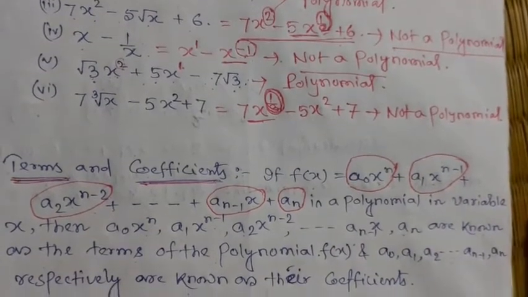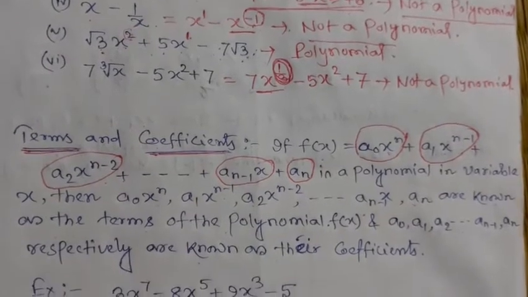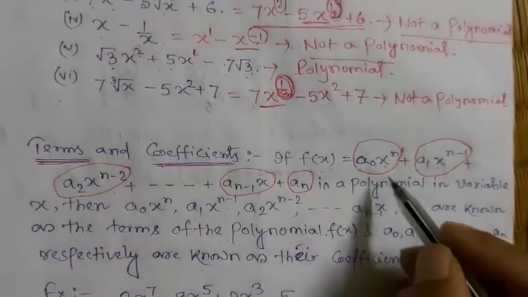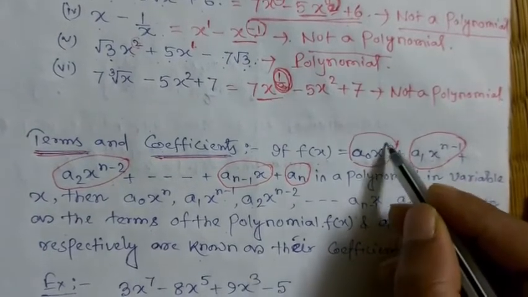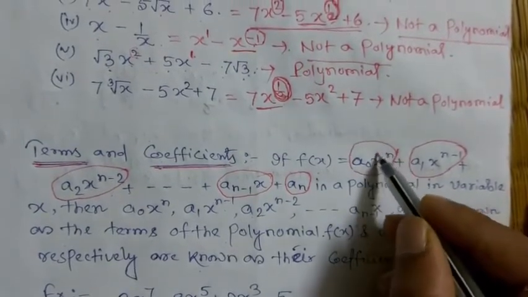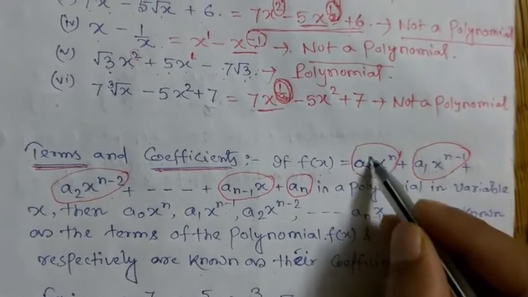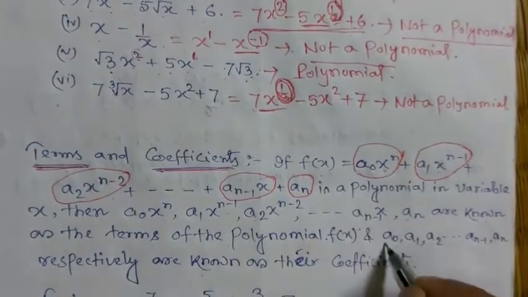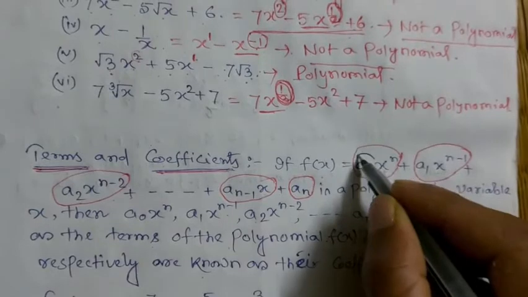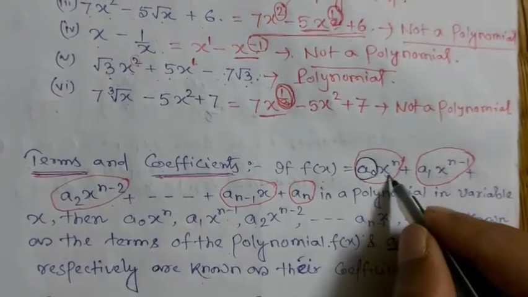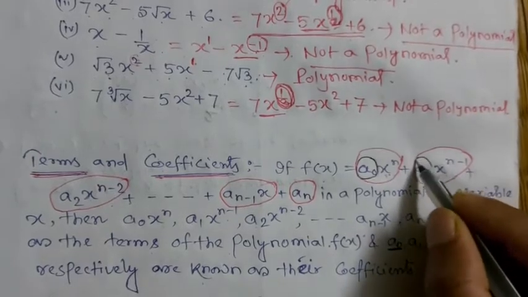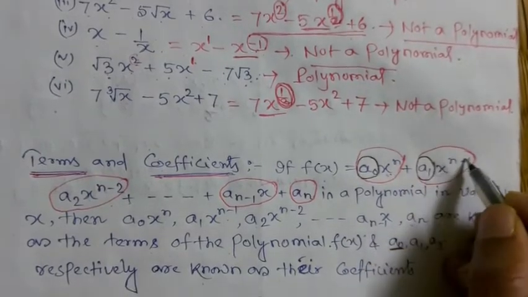And which of them are the coefficients? If you consider the variable, here the variable is x to the power n. So except x to the power n, the number here is a0. So a0 is the coefficient of x to the power n. a1 is the coefficient of x to the power n minus 1.